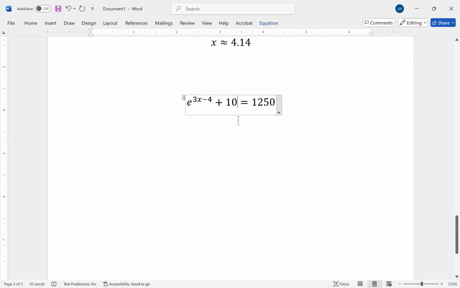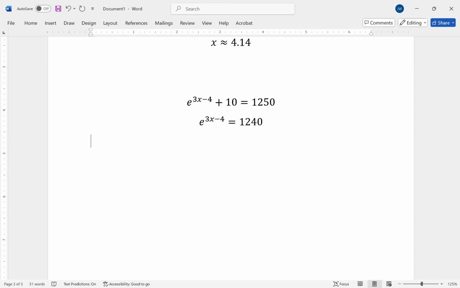On this second problem, I need to do a little bit more work in isolating. So what I would do is first subtract 10 from both sides. That would give me e to the 3x minus 4 equal to 1,240.